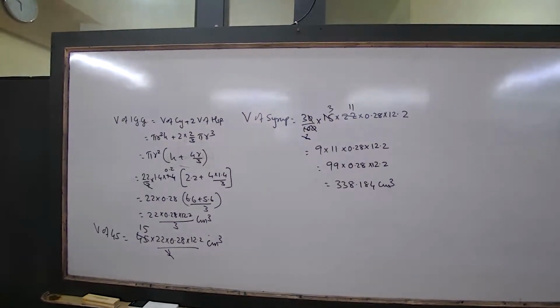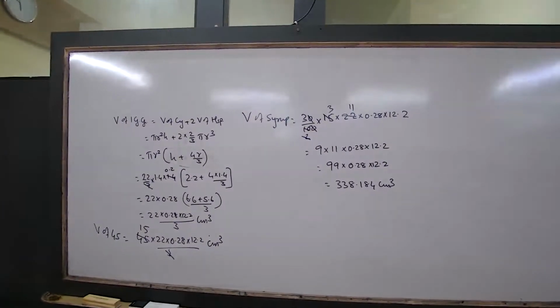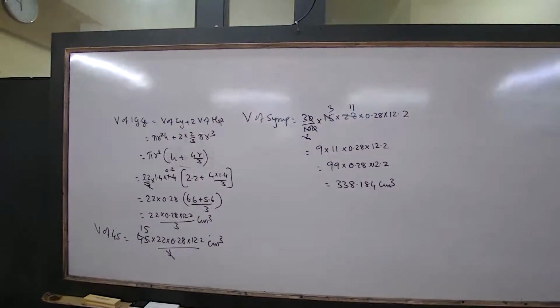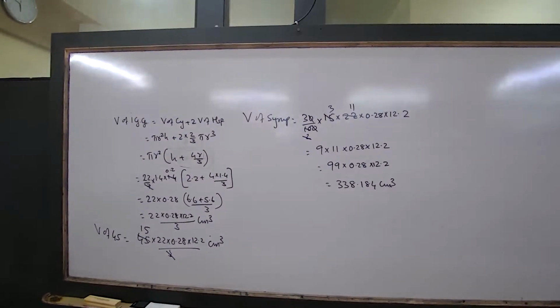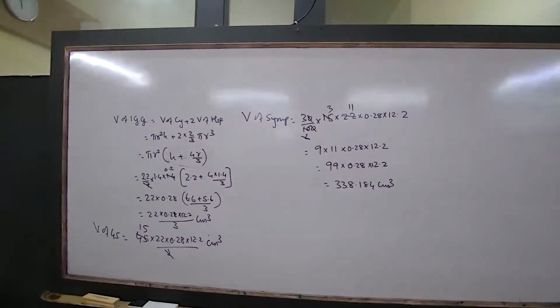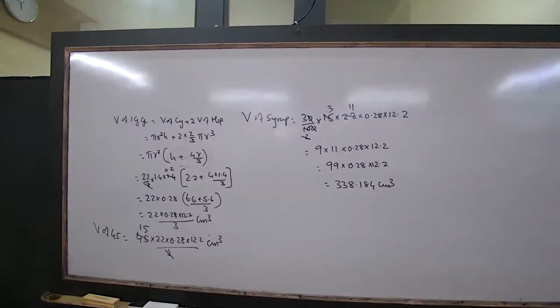Now for each lead shot, R is equal to how much? Here it is given 0.5, 1/2 centimeter. Therefore, volume is equal to 4/3 pi r cube.